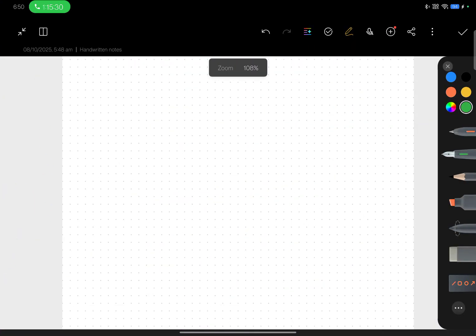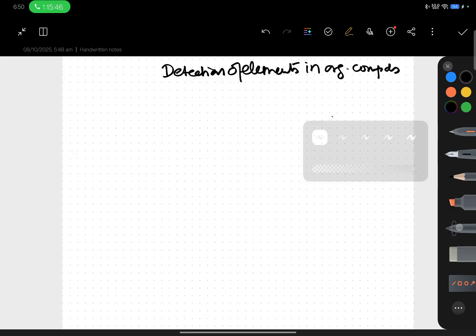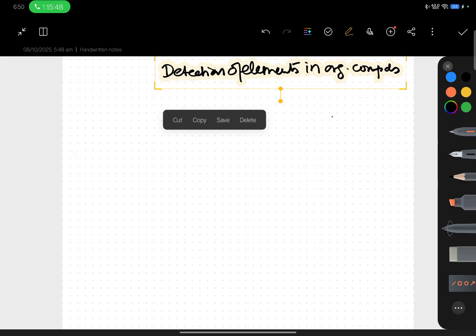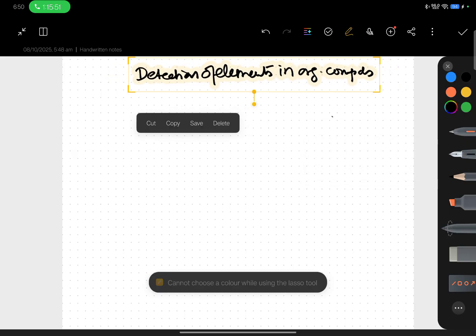Now next topic, write down: deduction of elements in organic compounds. This is our next topic. So what all elements will be there?